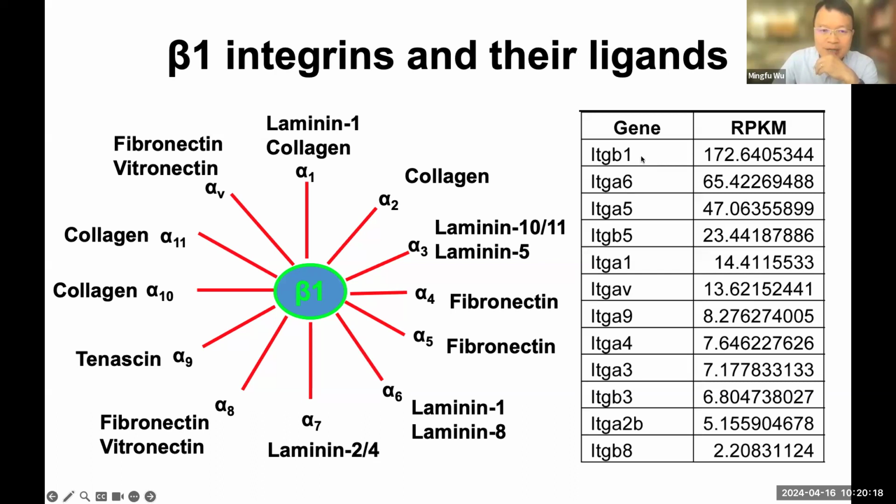Other beta subunit genes, including beta-5, beta-8, and beta-3, are expressed at lower levels, while among the alpha subunits, alpha-6 and alpha-5 are the most highly expressed in the heart. So that's why we are interested in beta-1, alpha-5, and alpha-6.